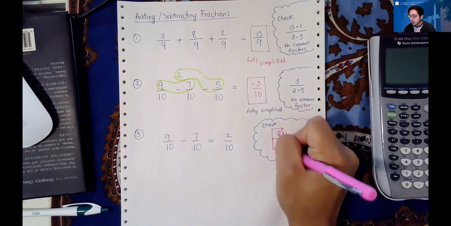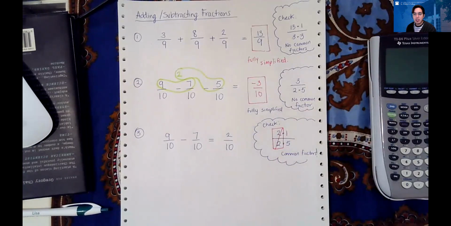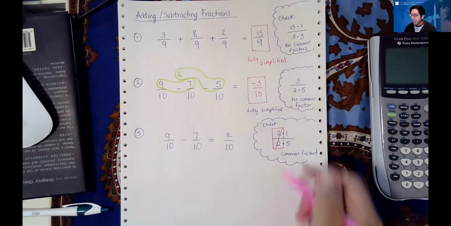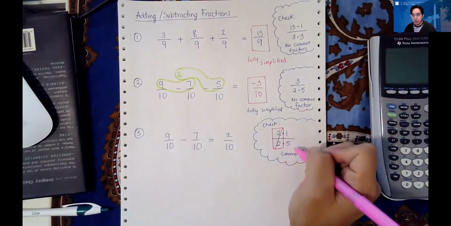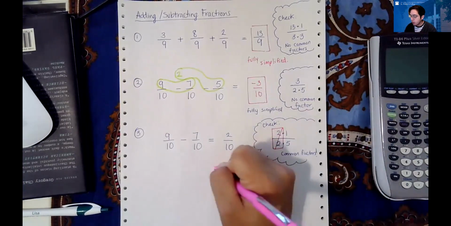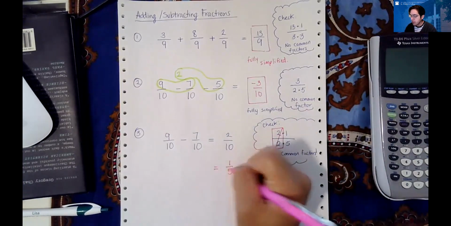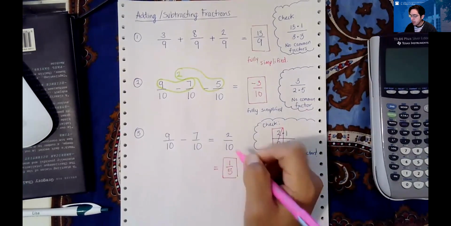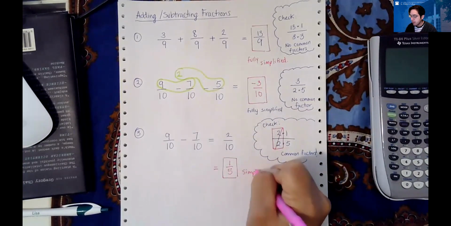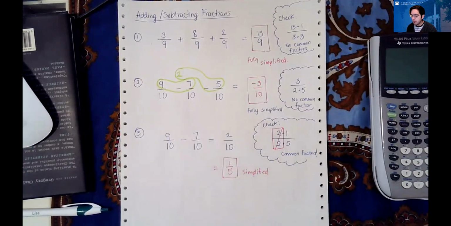So we can cancel those out. What we have left over, the 1/5, is our equivalent simplified fraction. And that's the answer that you would need to put.